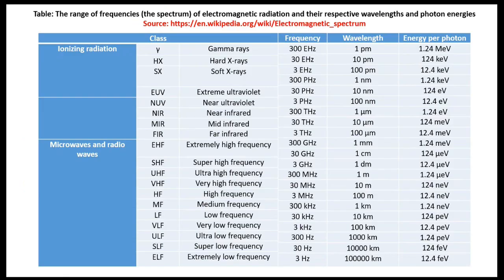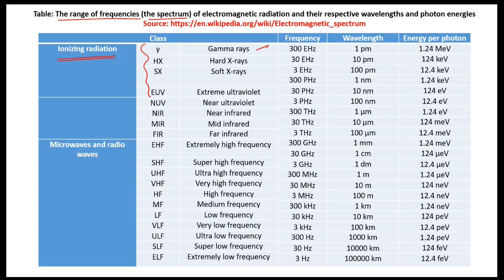Now over here, if you see in this chart, it gives the range of frequencies, that means the spectrum of electromagnetic radiations and their respective wavelengths and photon energies. In the first classes, what are the radiations?